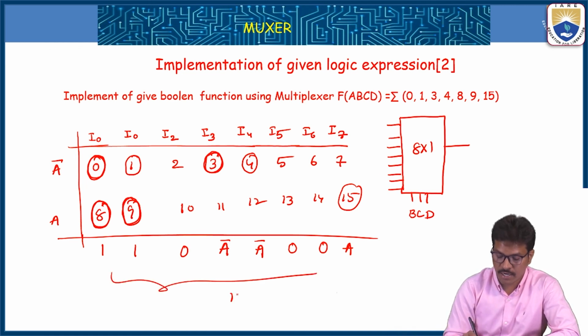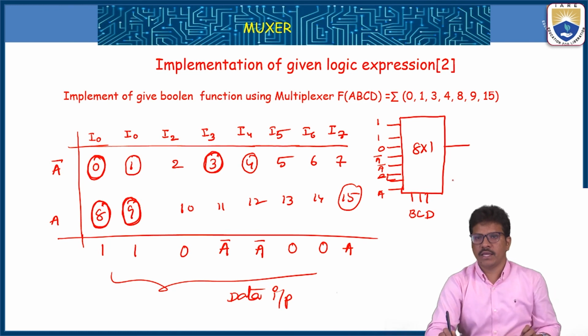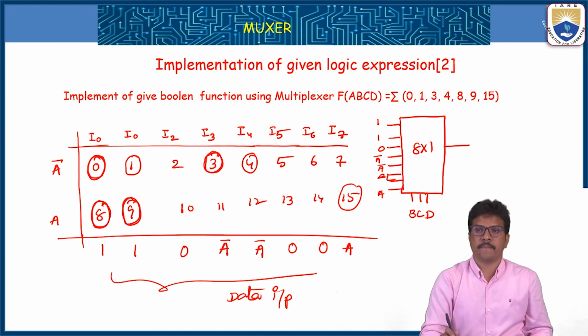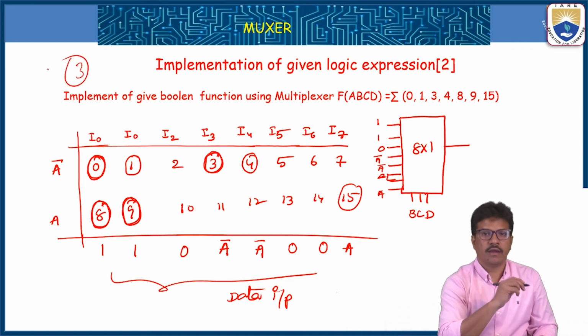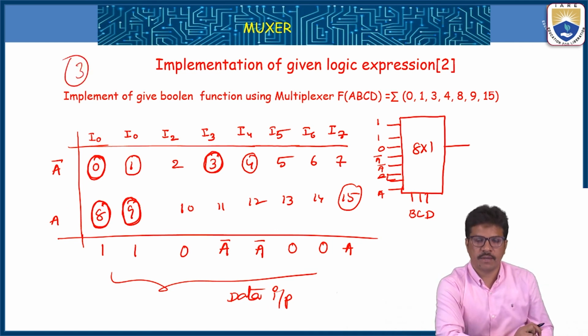These are the data inputs. The data inputs are, first one is 1, 1, 0, A bar, 0. You can connect it like 0, otherwise you can take 0, 0 and A, so that you implement this one with an 8x1 multiplexer. In this way, this is the third application of implementation of a multiplexer.